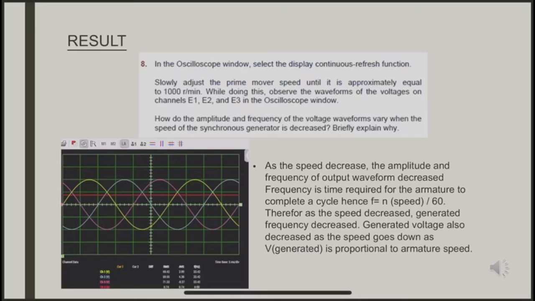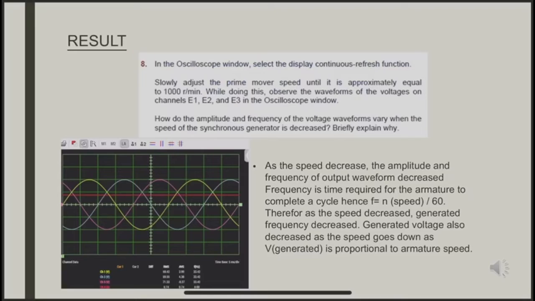How do the amplitude and frequency of the voltage waveform vary when the speed of the synchronous generator is decreased? The explanation is like this. As the speed decreases, the amplitude and frequency of the output waveform decrease.